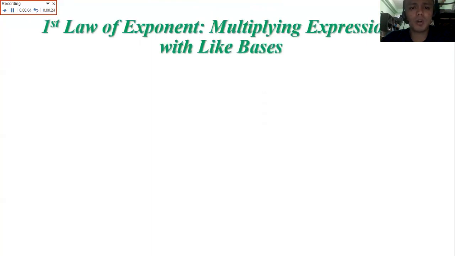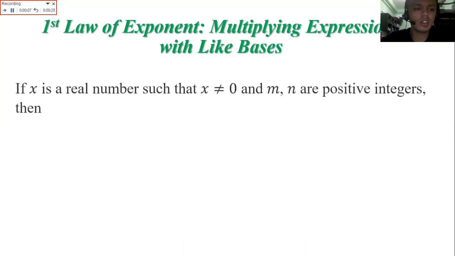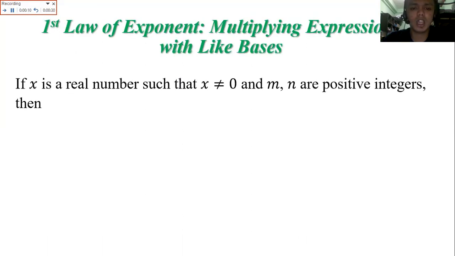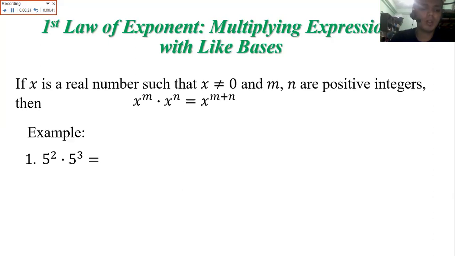The first law of exponent, multiplying expressions with like bases. If x is a real number such that x is not equal to 0 and m, n are positive integers, then we have x raised to m times x raised to n is equal to x raised to m plus n. Example here, 5 squared times 5 cubed.